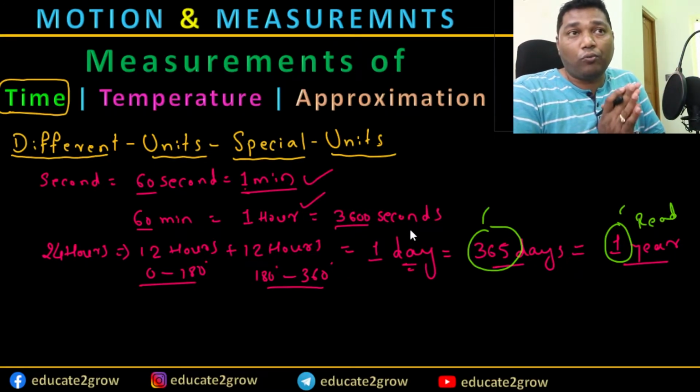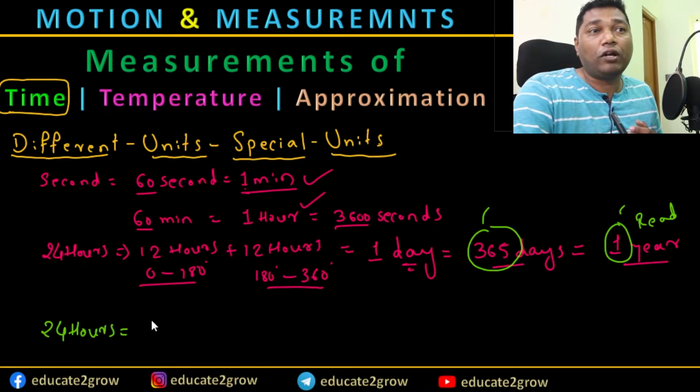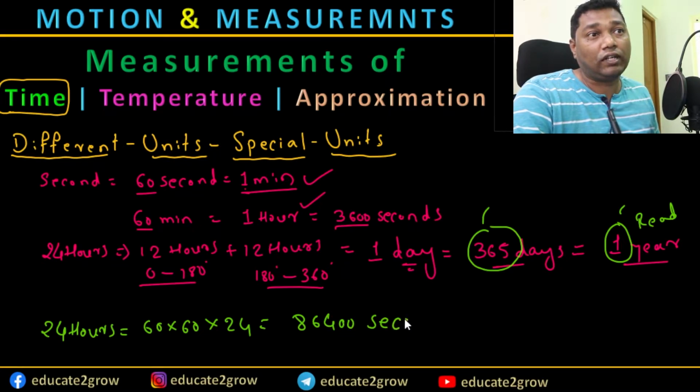Just for your information, if you want to convert 24 hours into seconds, it is 60 into 60 into 24 hours, which equals 86,400 seconds.